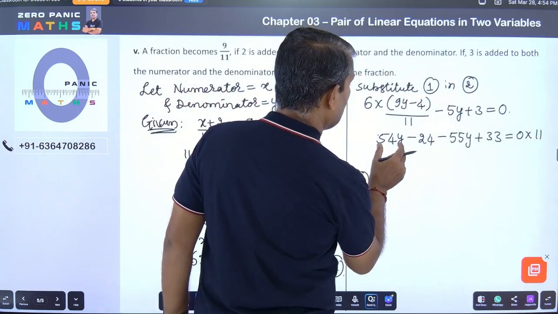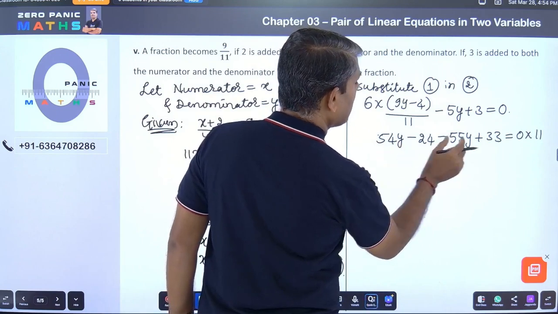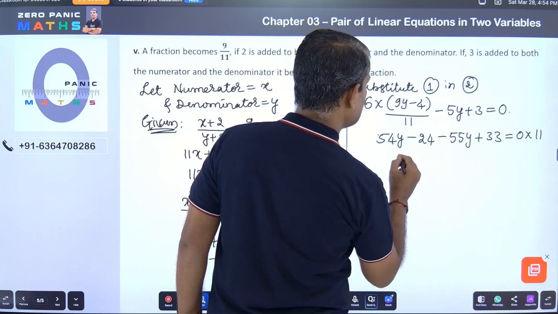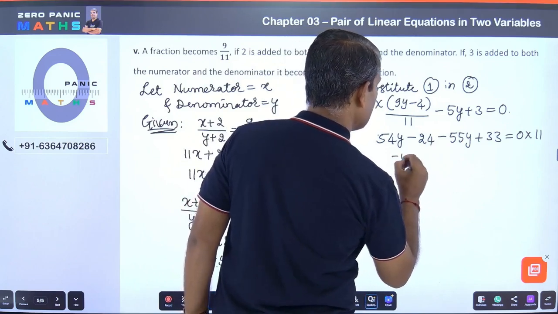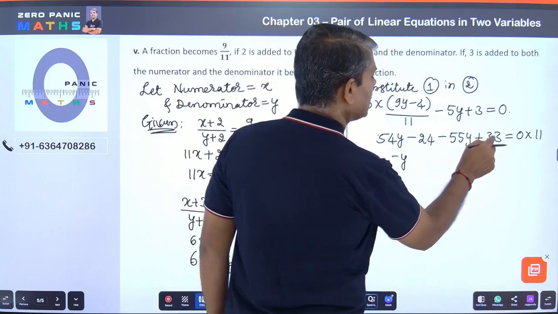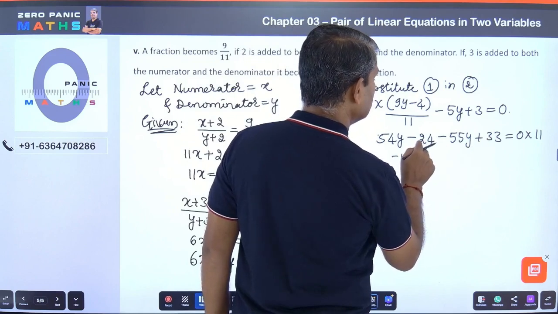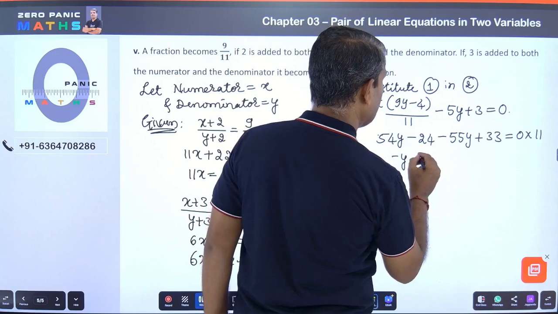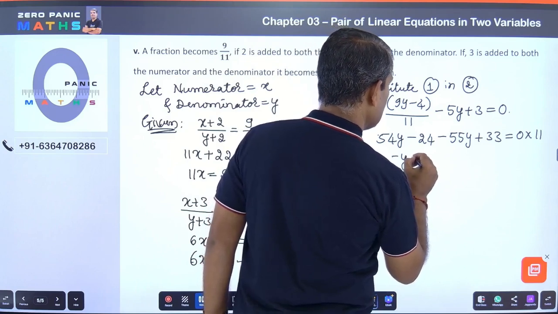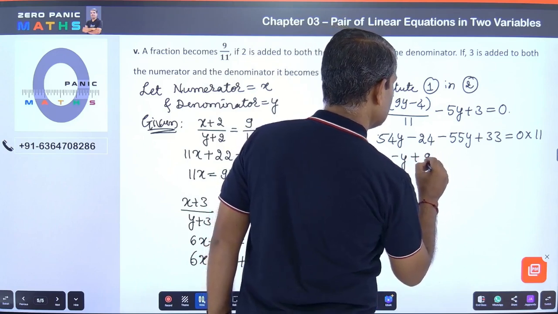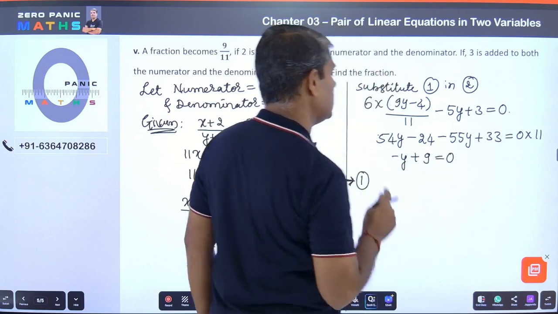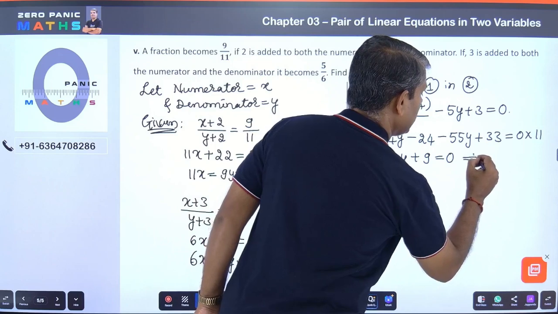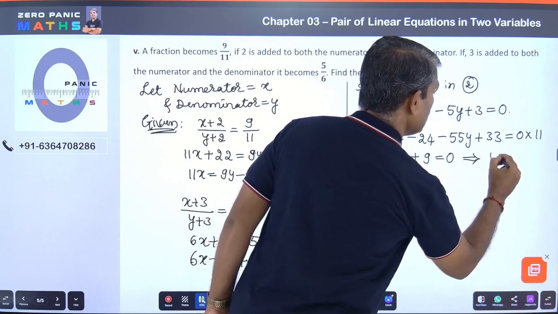Now 54y minus 55y is minus y. And 33 minus 24 is plus 9, equal to 0. So that actually gives us y is equal to 9.